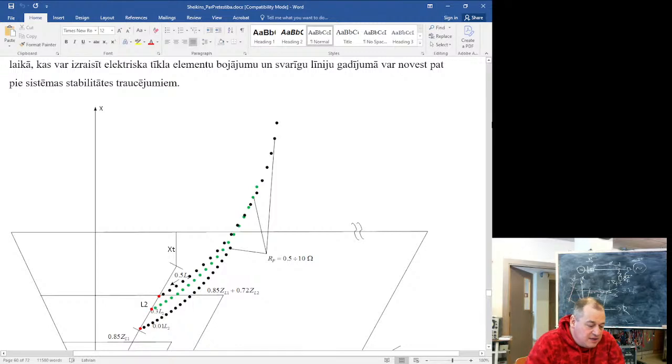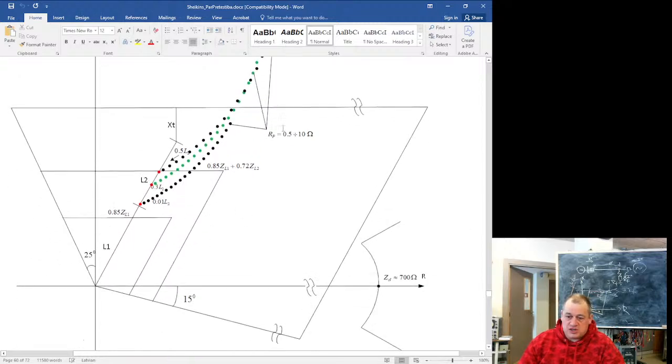So this means what? First, delayed operation, and second, if you make a mistake and you don't allow the fastest zone to operate, and the delayed zone started, you will get delayed operation. It's what happens.